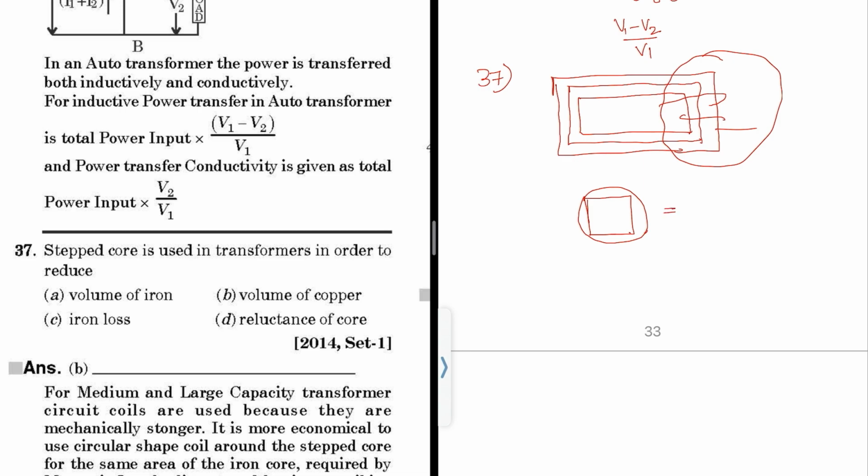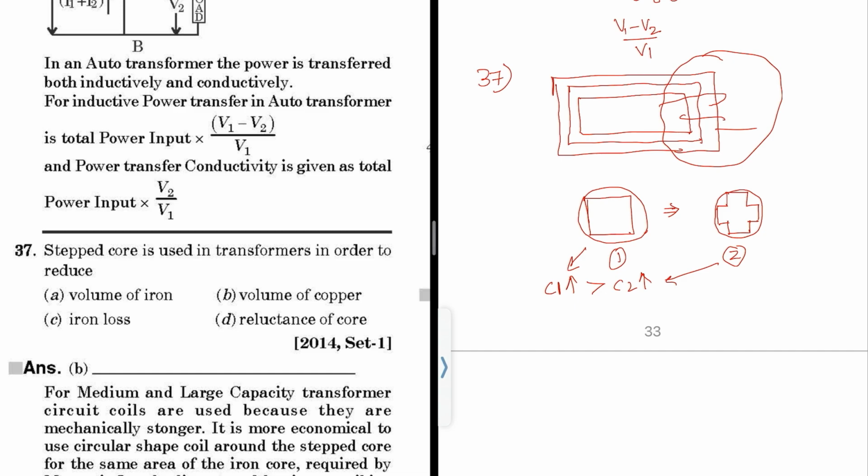Now, what I will do is make a step, like this, and wind around this. If you compare the first and second cases, the circumference of the first one is high compared to the circumference of the second one.